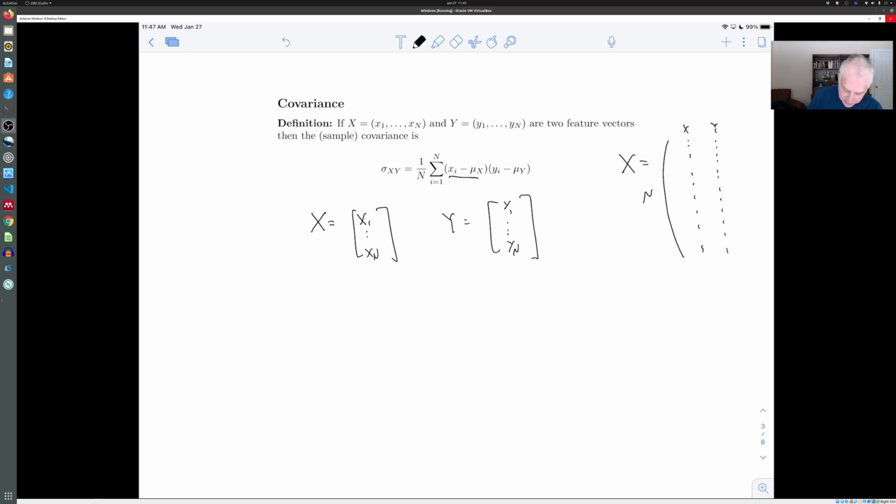And what you're doing here is you're taking x minus mu x e, and you're taking its dot product with y minus mu y e, and you're dividing that by n. So in some sense, if the variance is the norm of a vector, then the covariance is the dot product of two vectors.